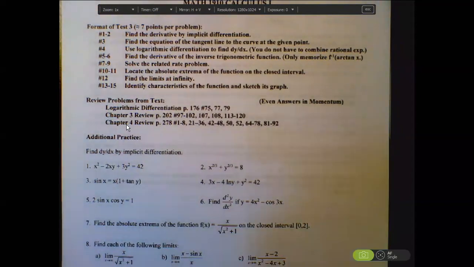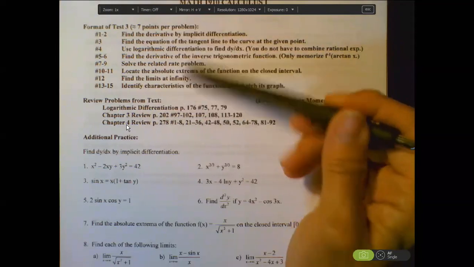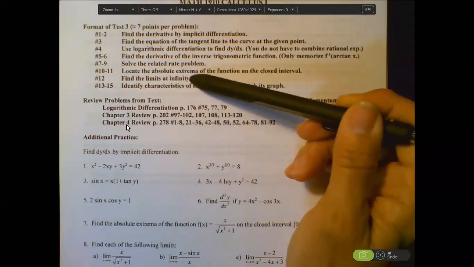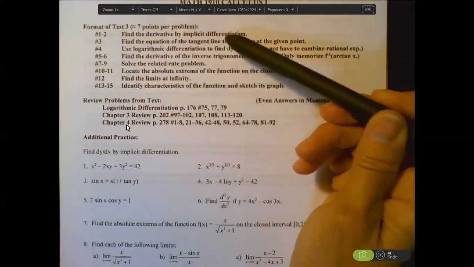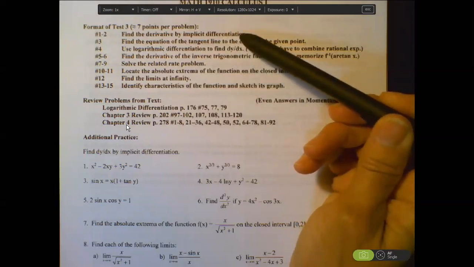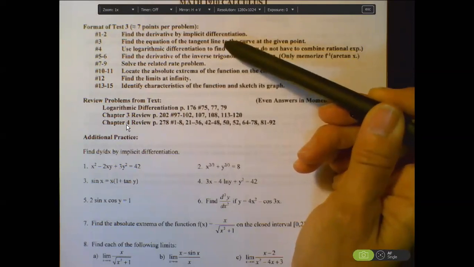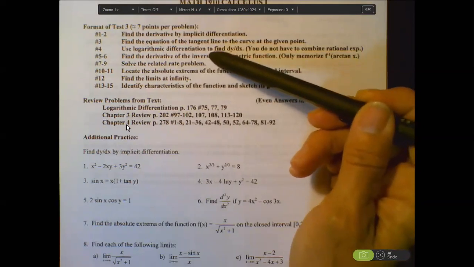And even though there are 18 problems, they have these instructions. I think there are 3 find the limits at infinity, 2 related rate problems. I think there's still 2 implicit differentiation. I'm not sure, there's one that says find the equation of the tangent line.